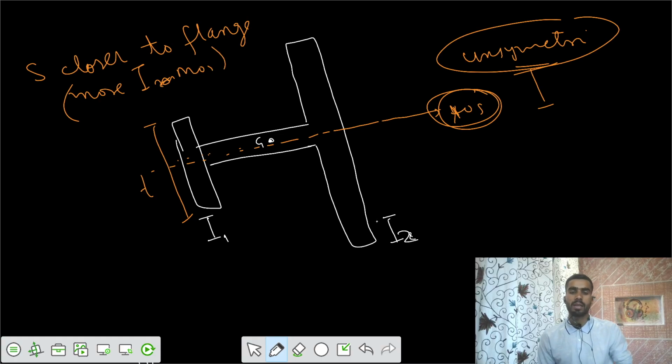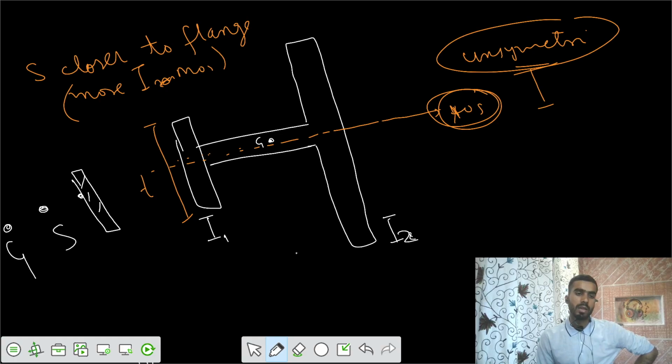The shear center would be between G and the flange which has more I. So the shear center would be somewhere here.